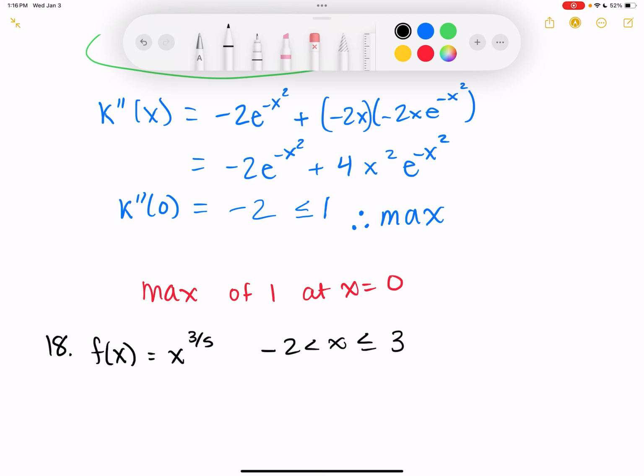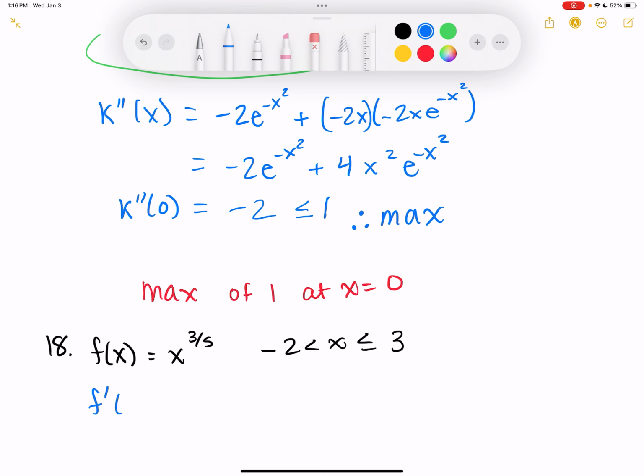First thing I need to do: notice that -2 is not included and 3 is included. So what does that mean about my endpoints? I only technically have one.